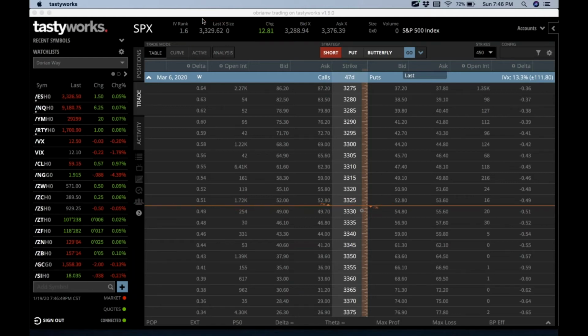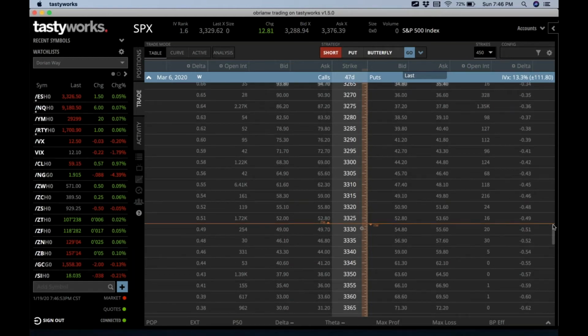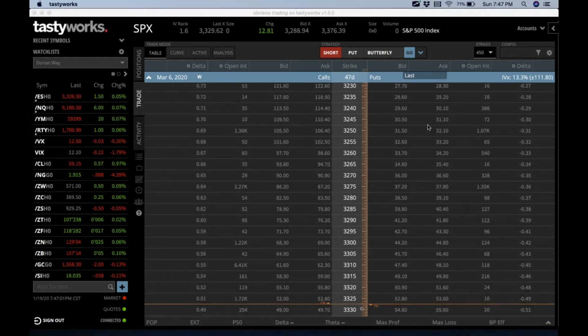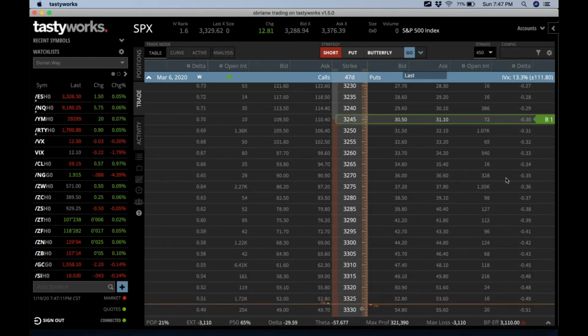So for example, if we go to the put side here, and we decide to buy the 30 delta here, let me drop this down. This is the 30 delta, and when you are on the TastyWorks platform or Thinkorswim platform and you buy something, it's going to be green like this.